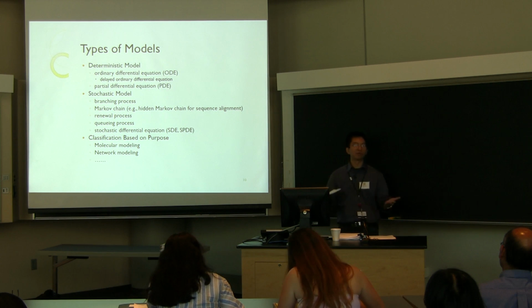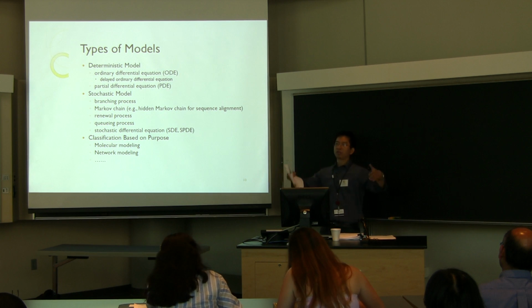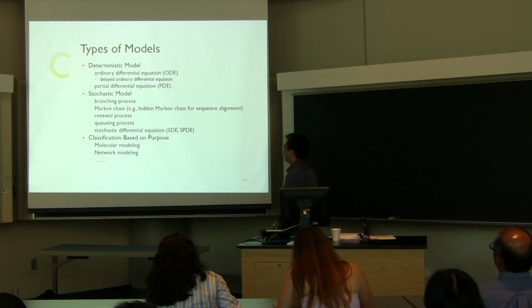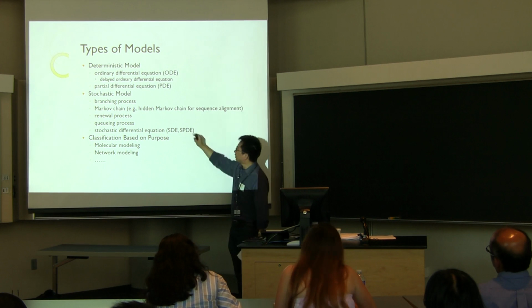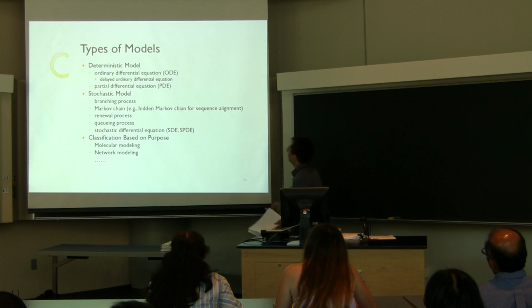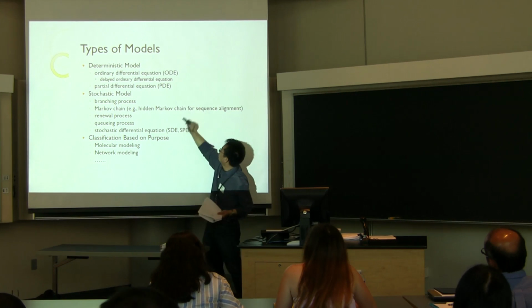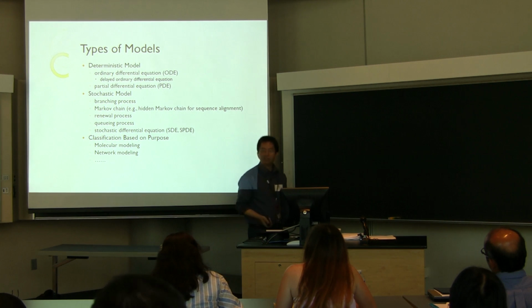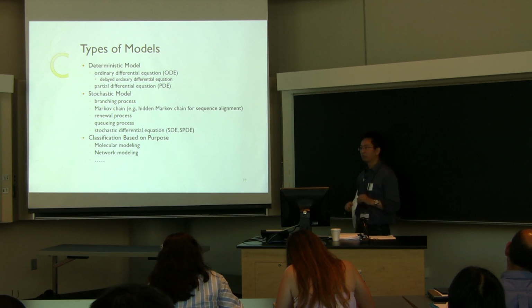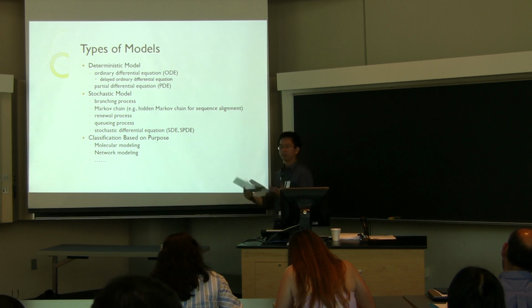If you're interested in the average time to get served, that would be the queuing model. And then there is the stochastic differential equation, which means we introduce randomness into ODE or PDE. The good thing is that now we extend ODE and PDE to model randomness.